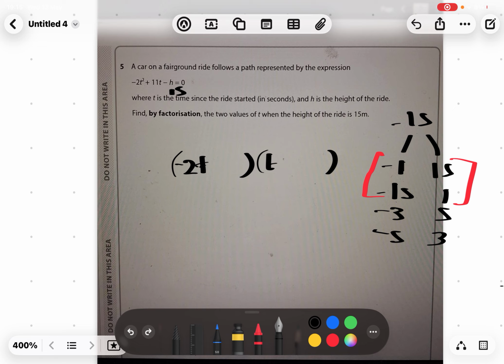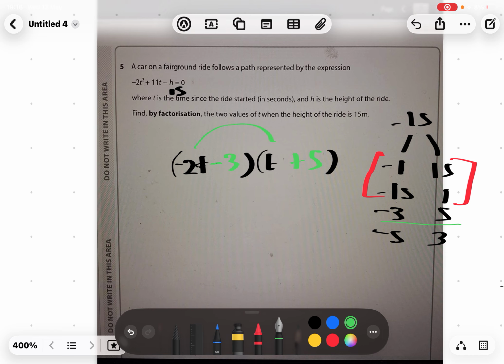So look, the way you check if it's the one or not is you use your knowledge. Let's say we use this one first, and let's make it green to make it stand out. So we put minus 3 because that's what we put first, and then positive 5. Now we have to expand that equation.